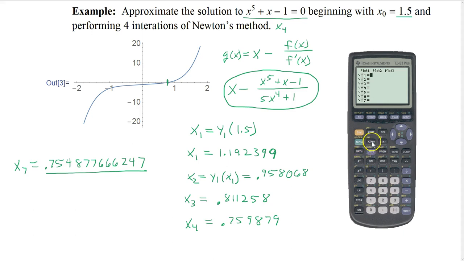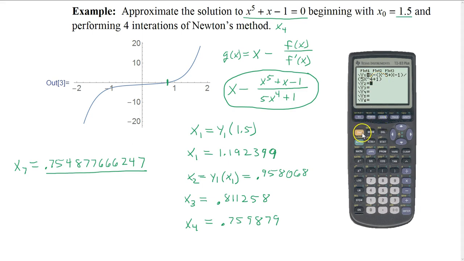Now the x button on the 83 is the X,T,theta,n button. So x minus, make sure you put your numerator and denominator in parentheses. Alright, so there we go, we have our function stored into y1.